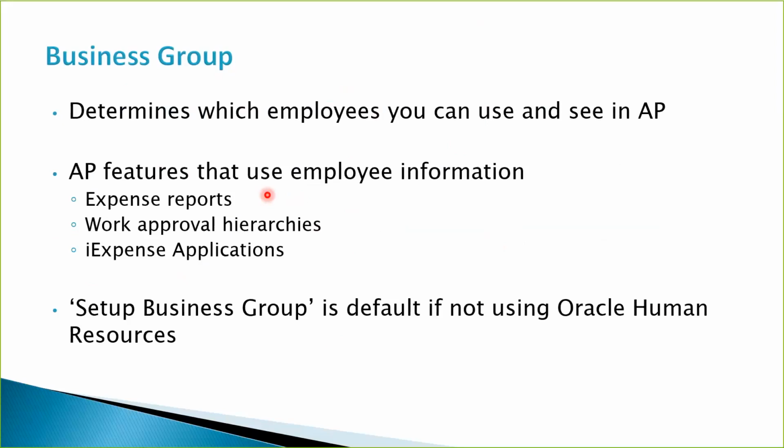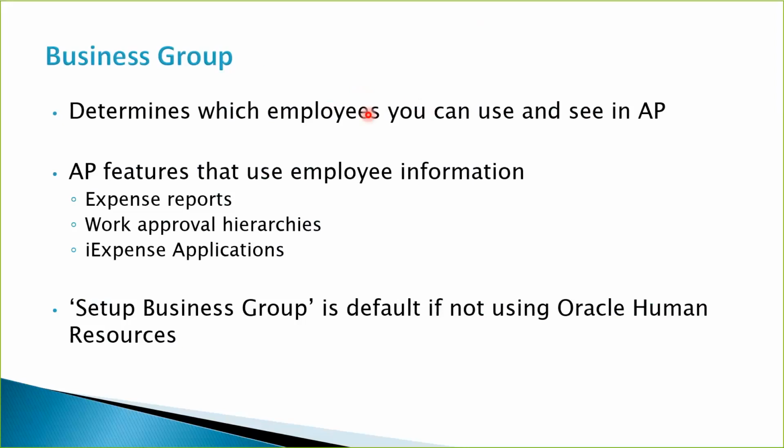And that way, we'll be able to determine the employees who can use your particular operating unit. There are also other features in AP that require employee information. So things such as expense reports, and then you have work approval hierarchies.